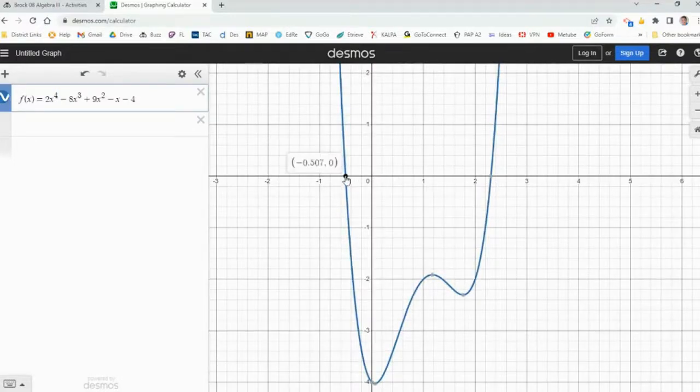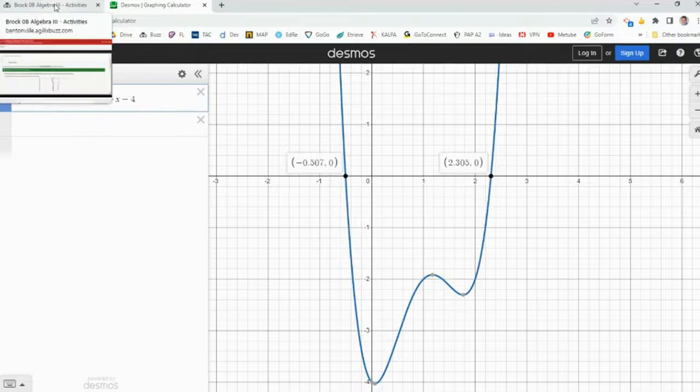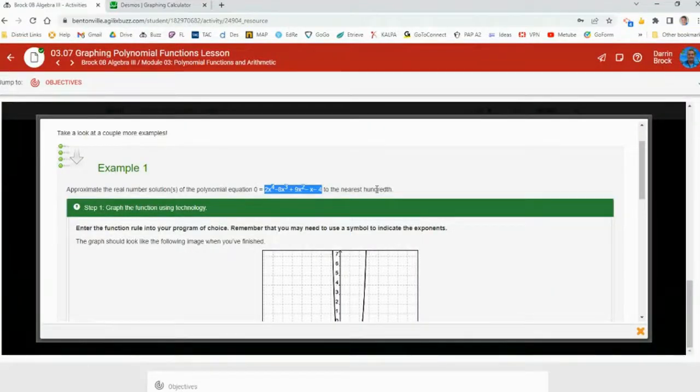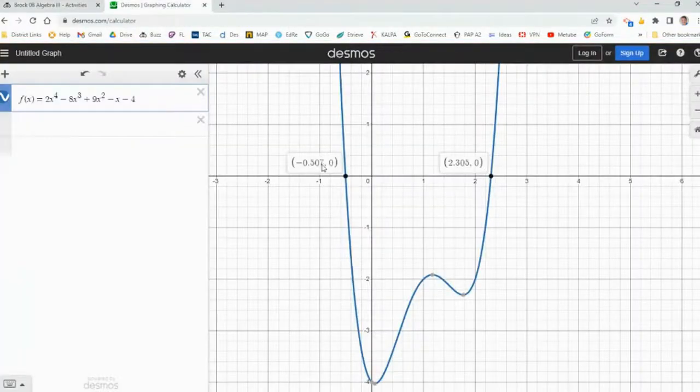So this is negative 0.507. It's one of the solutions. And the other solution is 2.305. Now this asks us to the nearest hundredths. So tenths, hundredths. So it's a negative 0.51 and 2.31 because this goes to the thousandths.